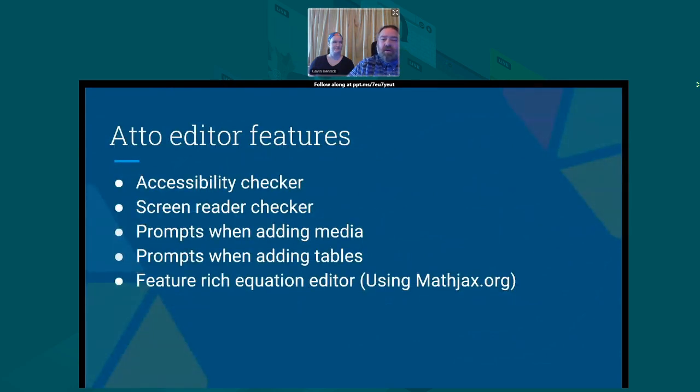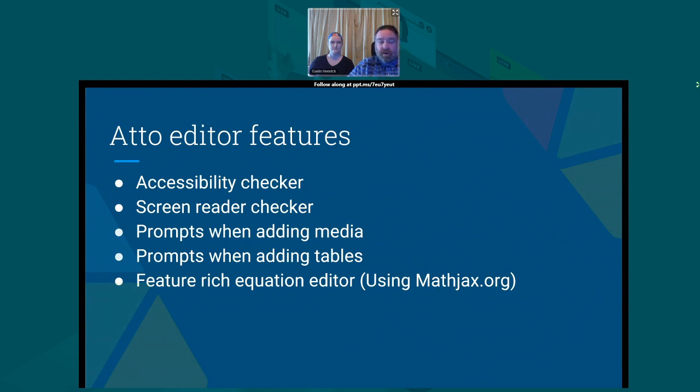So the Atto editor has a number of different features available to try and make it better. And as was mentioned earlier in Sanders' 3.9 session, we submitted back some of the improvements that we have in our version of Atto back into Moodle Core, which we're very delighted to do. It has an accessibility checker, which checks 7 very common issues. It has a screen reader checker, and it has prompts when adding media.